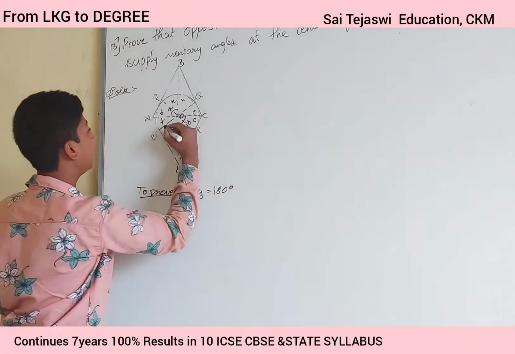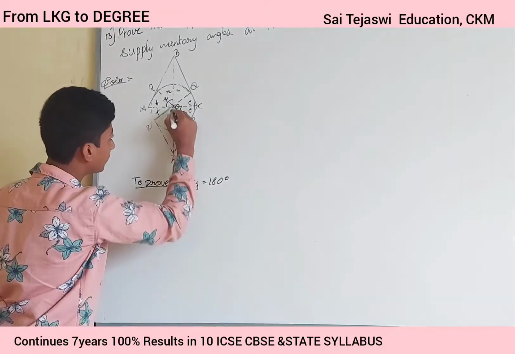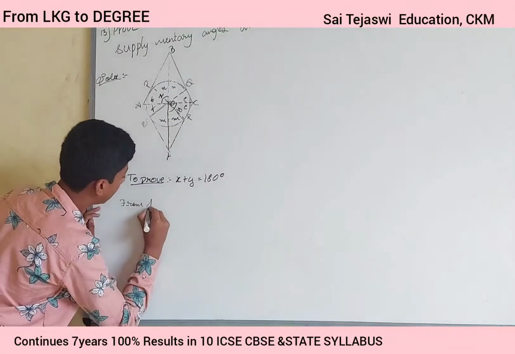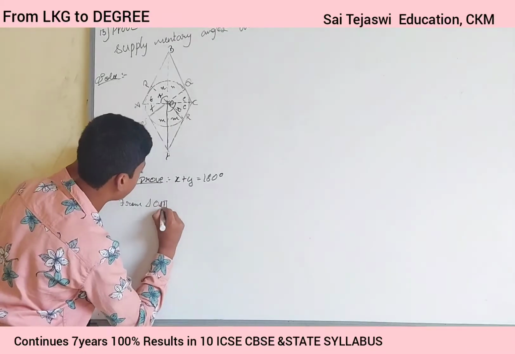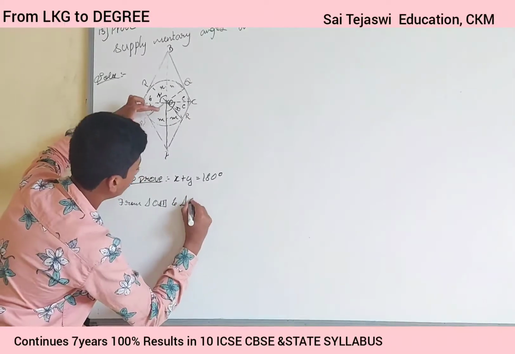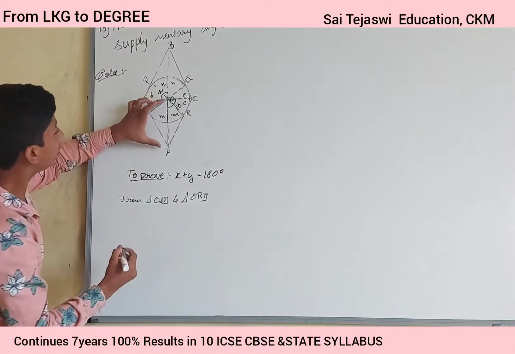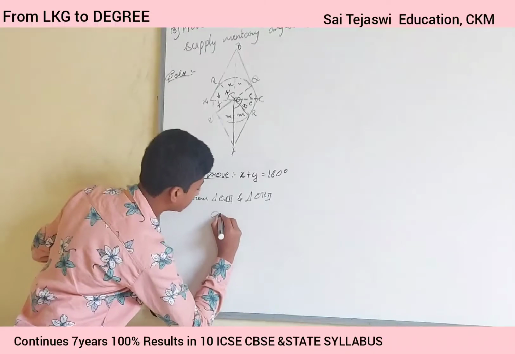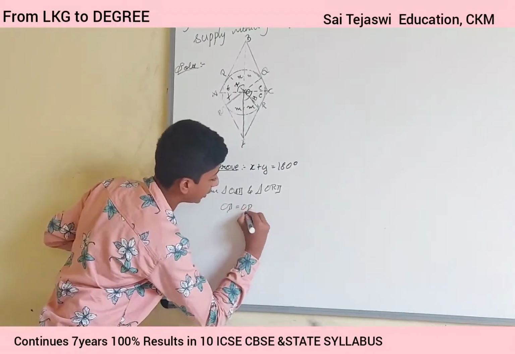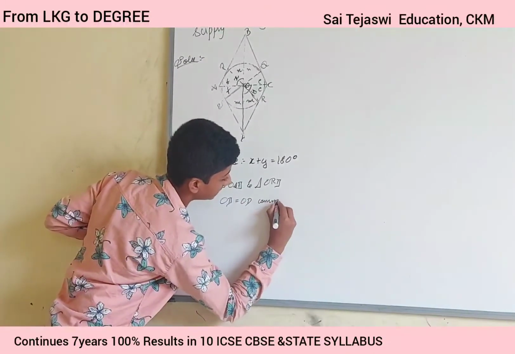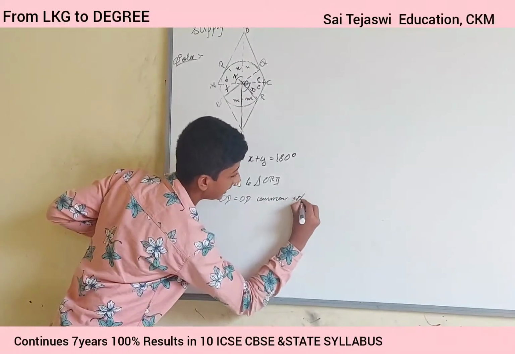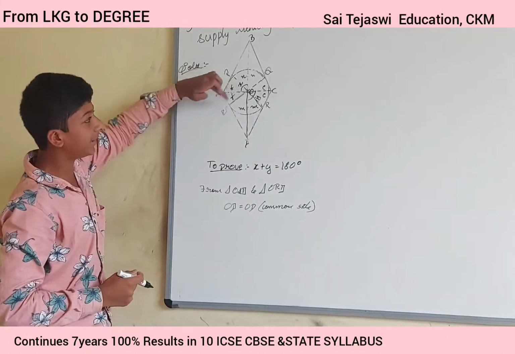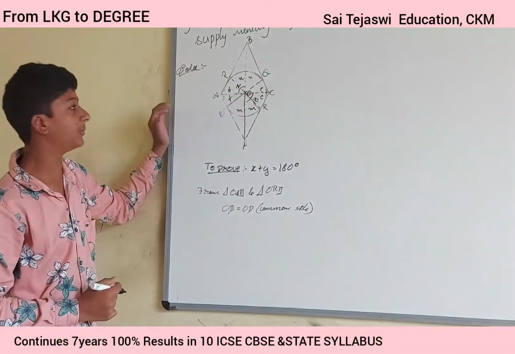So first we consider triangle OSD and triangle ORD. In these, OD equals OD because it is the common side in both triangles. Next we take OS equals OR because they are the radii of the same circle, and all the radii of a circle are equal.